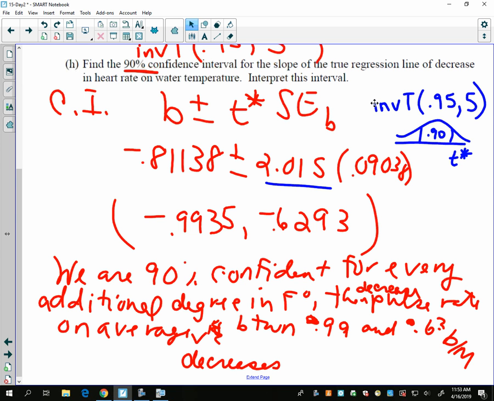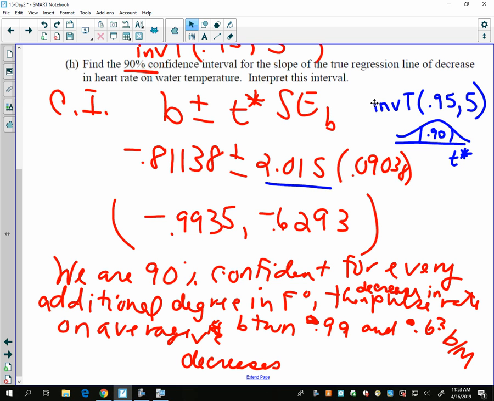So for every additional degree in Fahrenheit, the decrease in pulse rate on average... wait, isn't that too many decreases? That's why you said the change, right? So the change in pulse rate on average decreases between.